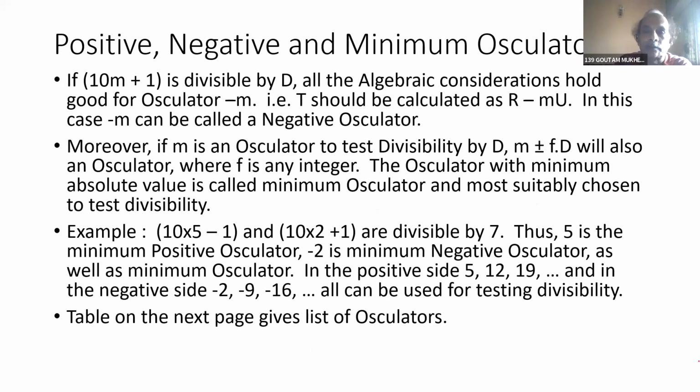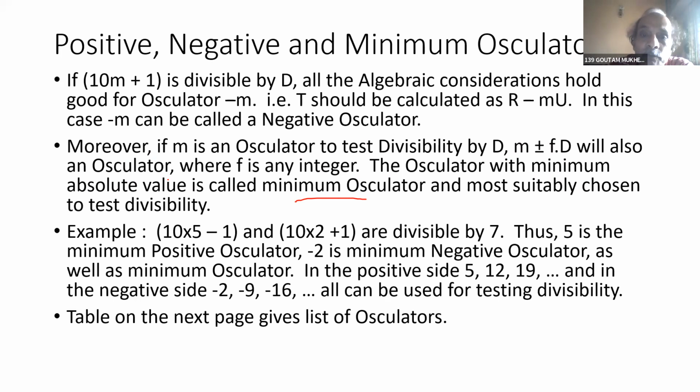I continue with some reading: if M is the oscillator for something, and F is an integer factor, then plus minus this also will be an oscillator. The oscillator whose absolute value is minimum is called the minimum oscillator, and is most suitable for testing divisibility. In case of 7, I can even choose minus 2 instead of 5, because minus 2 will be easier to handle.